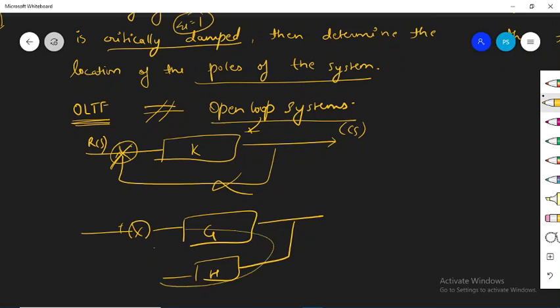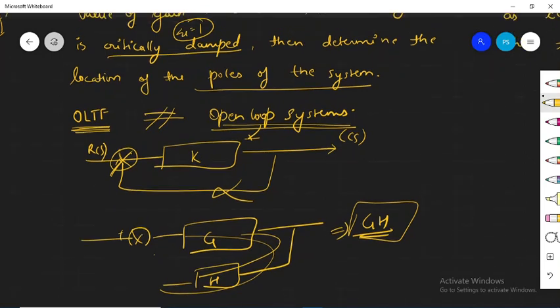So that transfer function will be, if you have opened it, these two come in cascade, and you will say the open loop transfer function is equal to GH. So this is the open loop transfer function. This again we'll be dealing with a lot in the further classes, so I'll tell you in detail about that. But don't get confused with this open loop transfer function and open loop systems. They are entirely different things.